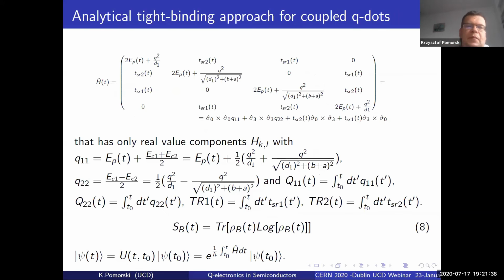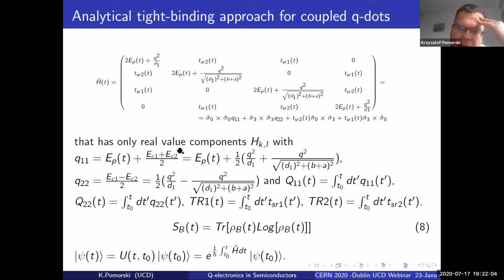So then the simplest case of two-qubit interaction is given by such an interaction matrix. You have electrostatic energy on the diagonal. There are two symmetric qubits in parallel. There is a distance between them, d1, and the distance between left and right quantum dot is a plus b.